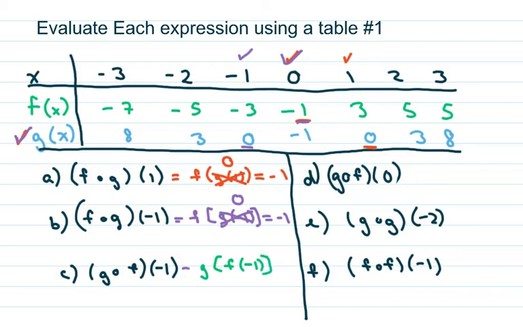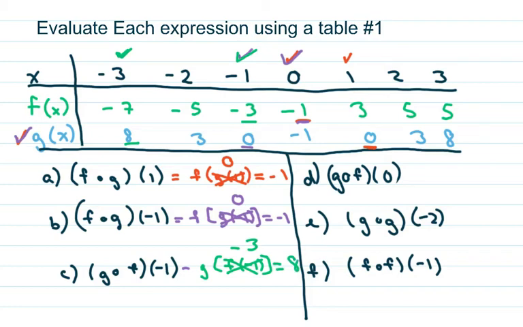So the first thing I do is I go to negative 1, and I find where f of negative 1 is going to be negative 3. So this equals negative 3. Then I go to negative 3, and I find what g of negative 3 is. So we go negative 3 here, and then we go to g, which is 8. So this is going to equal 8.